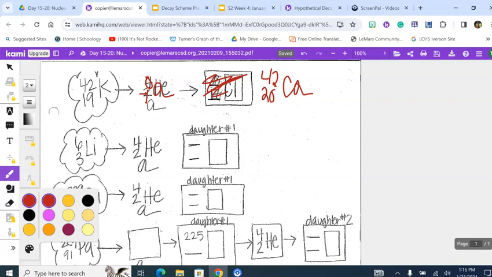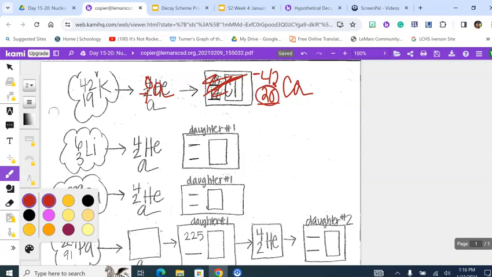Now, the whole point of radioactive decay is that things that are unstable are getting rid of particles, alpha, beta, gamma particles, in order to become stable. So I can actually calculate if something is stable. I take the mass number, which is 42, and subtract 20 from it, because this number is the number of protons.